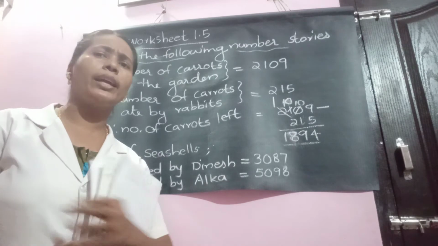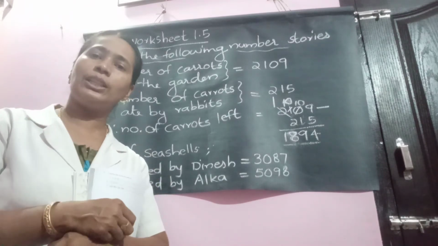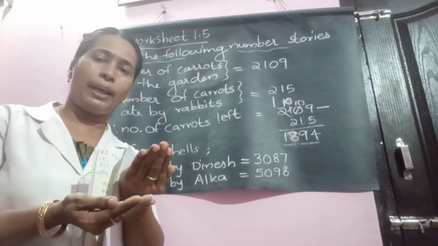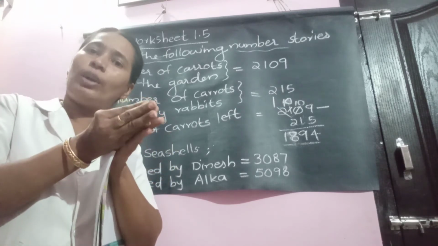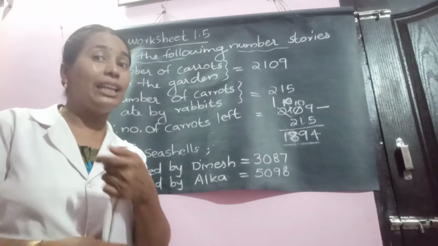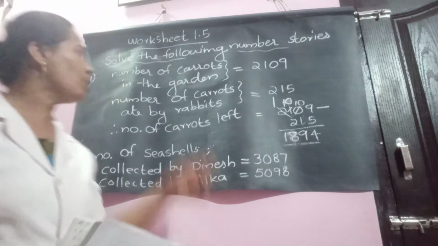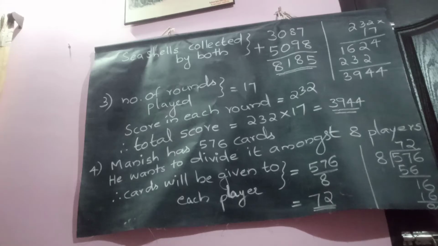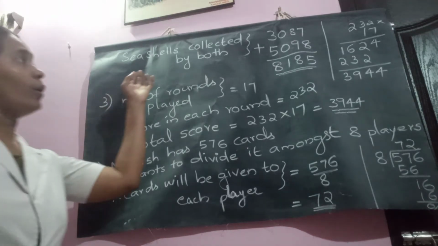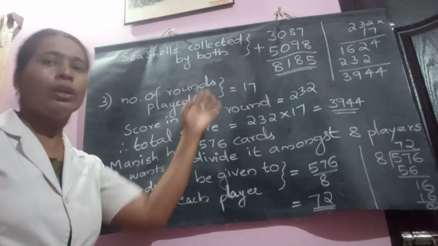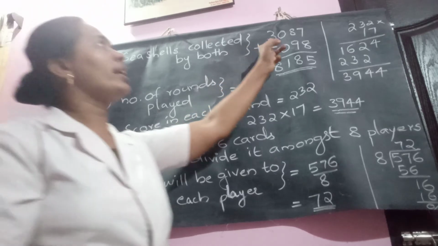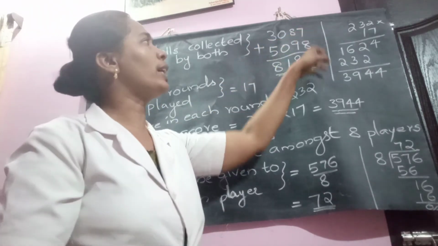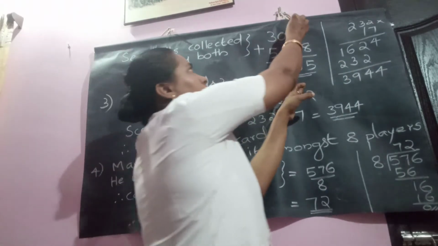Dinesh collected 3087 seashells and Alka collected 5098. How do we find the total seashells? Some were collected by Dinesh, some by Alka. How do we find the total? Addition is required. So let us add these two amounts. 3087 plus 5098. 7 plus 8 is 15, 1 carry over.